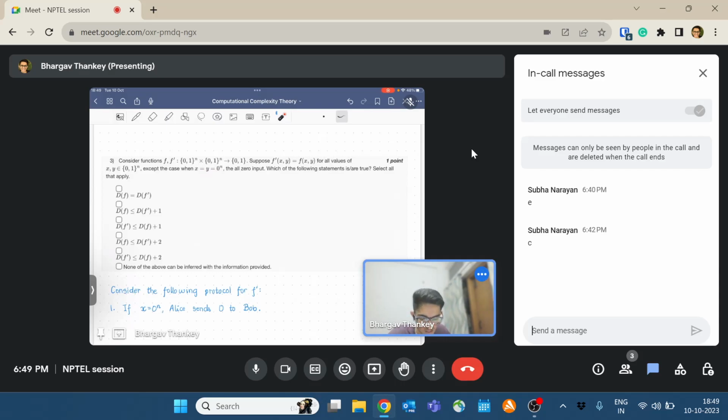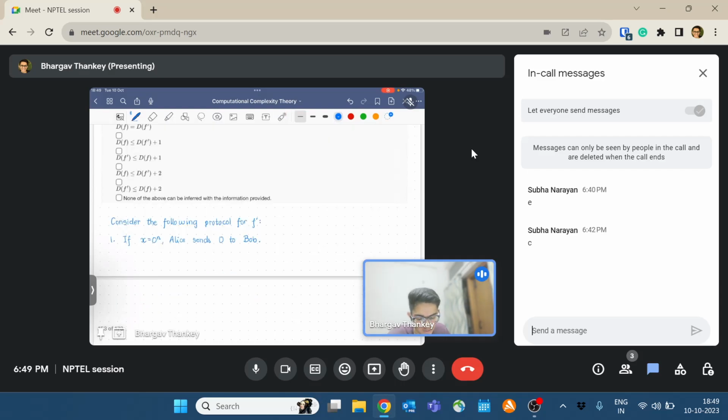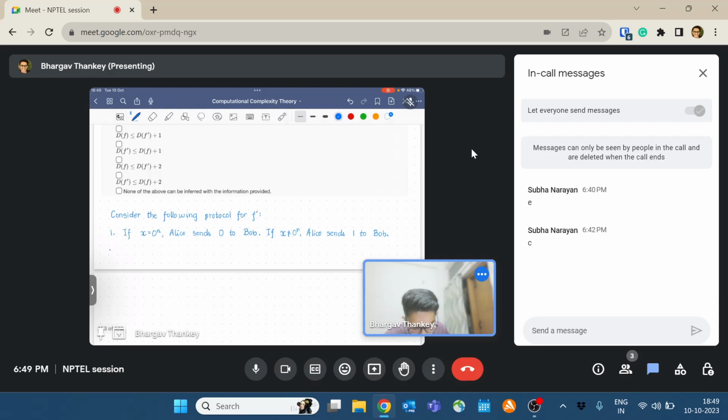So if x is 0^n, Alice sends 0 to Bob. If x is not equal to 0^n, Alice sends 1. Now, as I said, Bob also has to send something to Alice because otherwise they won't know whether they should stop or not.